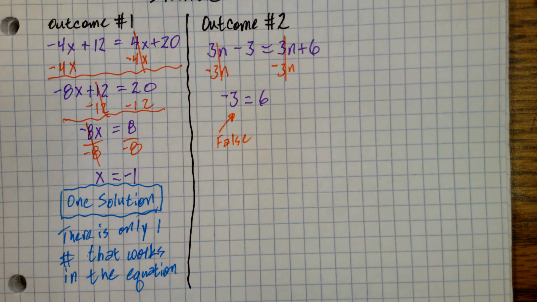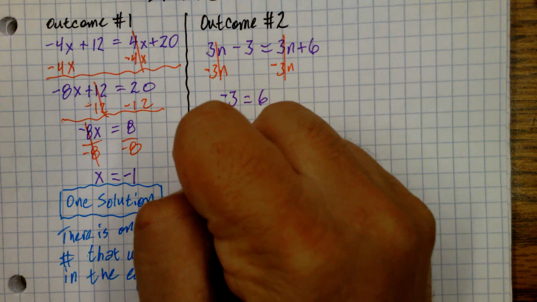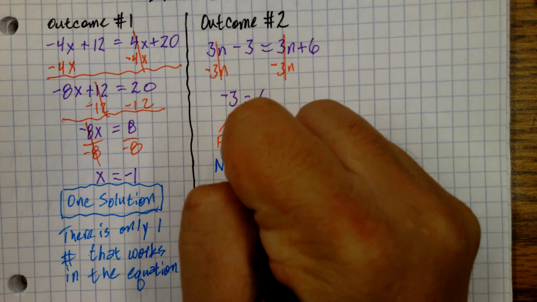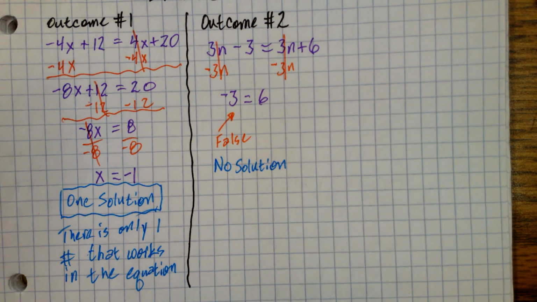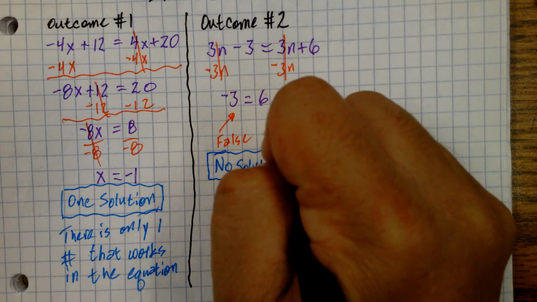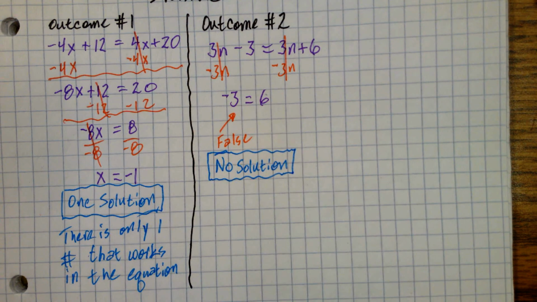And when you end up with a false statement, you have what's called no solution. That means no number exists on the number line. There is no number that would make this equation true. There is no answer.